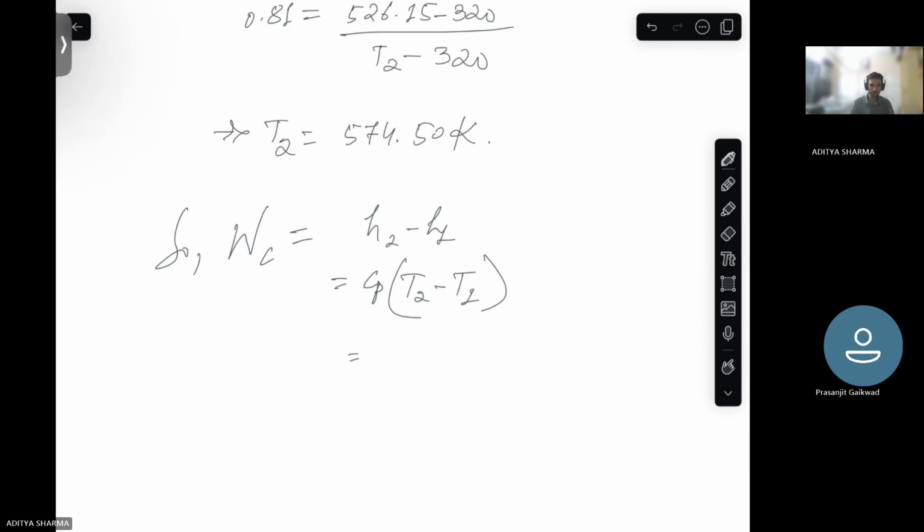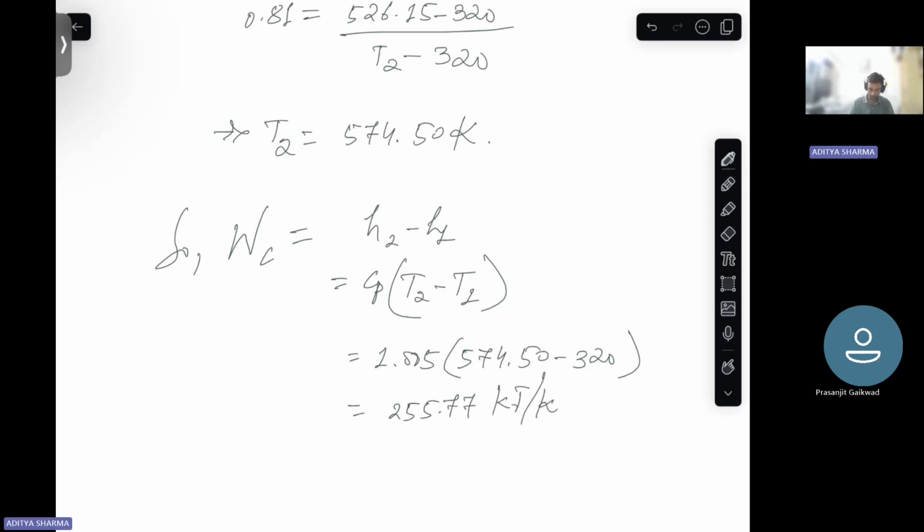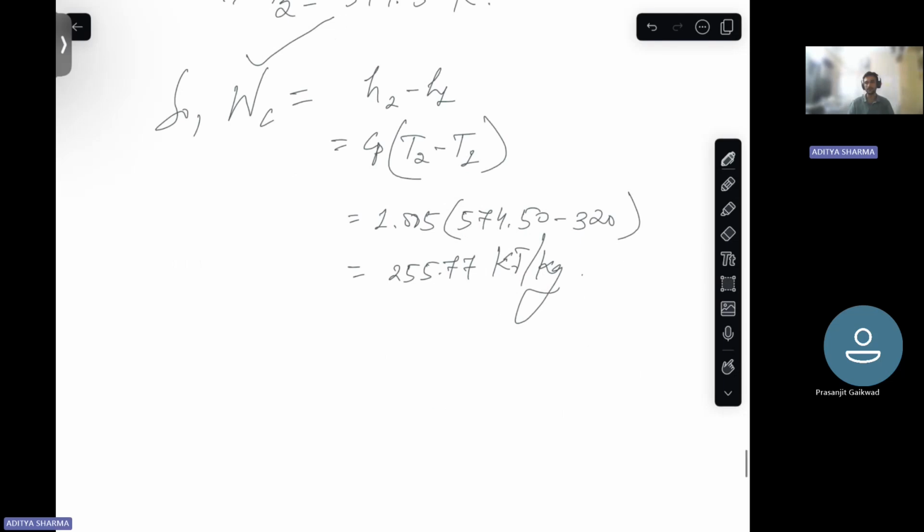We are keeping Cp in kilojoules only, so the answer will be in kilojoules. So this will be 255.77 kilojoule per kg. So this is the compressor work, right? I hope no doubt.